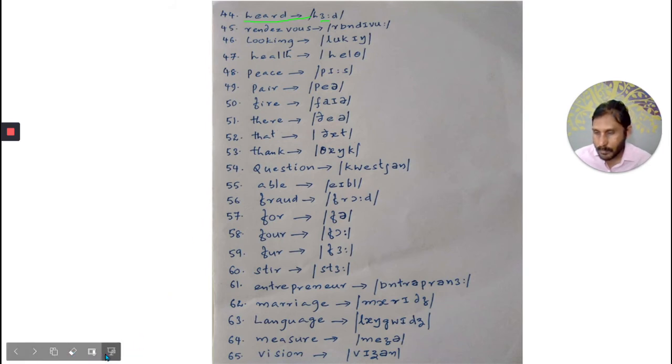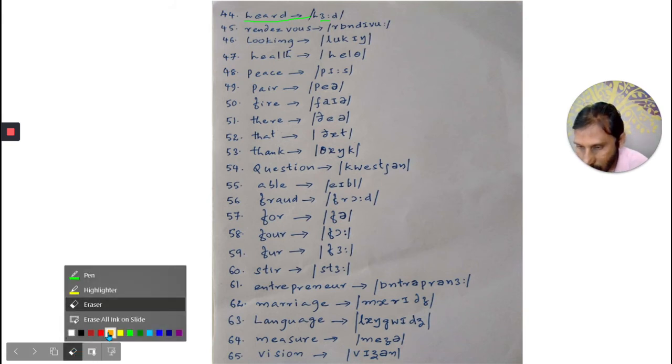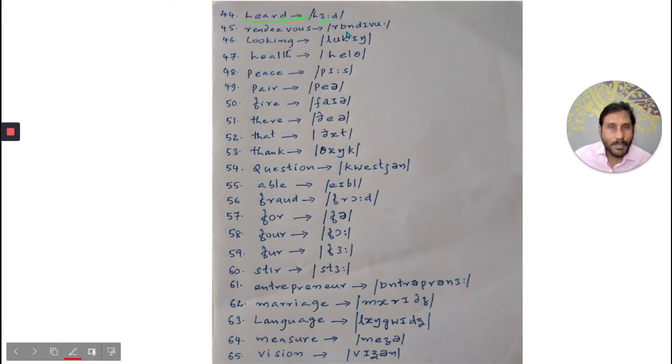So what is the right pronunciation? Rendezvous. S is silent, Z is silent, and the pronunciation is very important. Rendezvous, the meeting place. According to agreement, you should meet the person there.